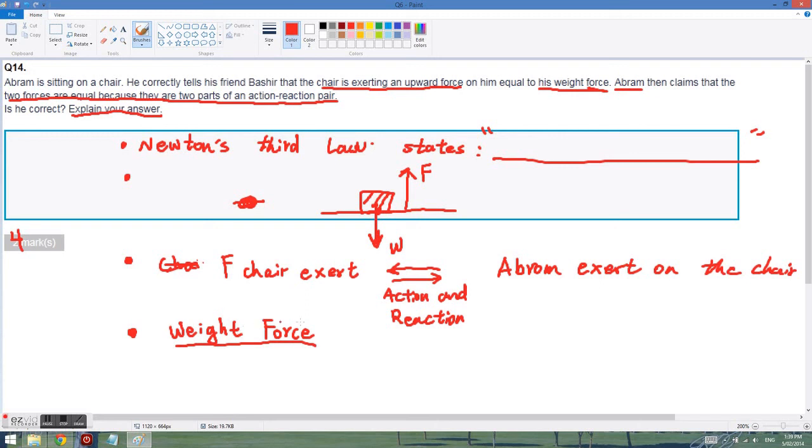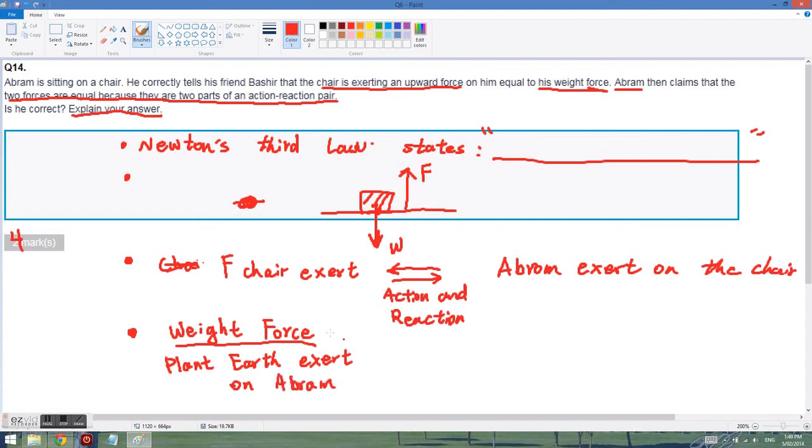So let me make it clear. The weight force is the force planet Earth exerts on Abraham.